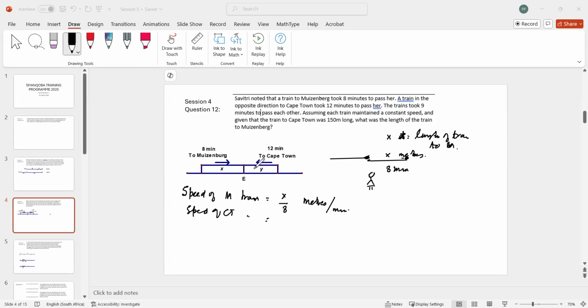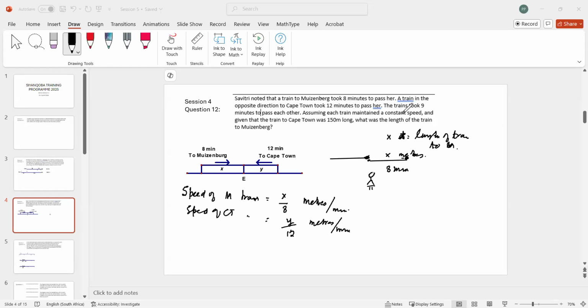If it takes 12 minutes to pass it, and the length of that train is y, that gives the speed of the Cape Town train. So I'm taking it piece by piece. Instead of trying to work out the entire problem, I try to understand it piece by piece and see what conclusions I can make.